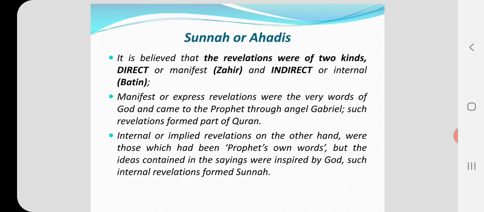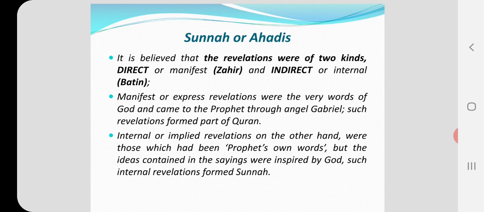Whatever was directly revealed through angel Gabriel or Jibrail to Prophet, that became the part of Quran. But indirect revelations, indirect means internal, not obvious revelations, became part of Sunnah.